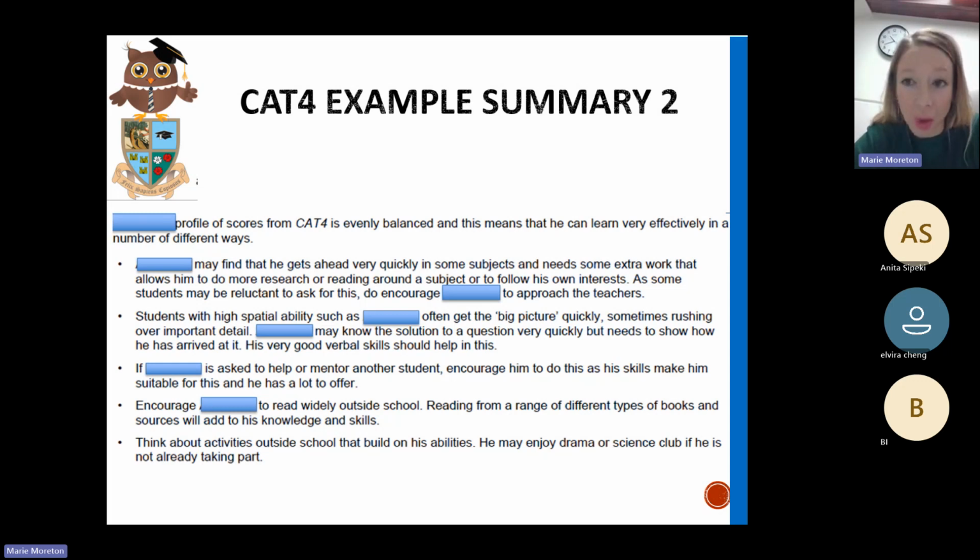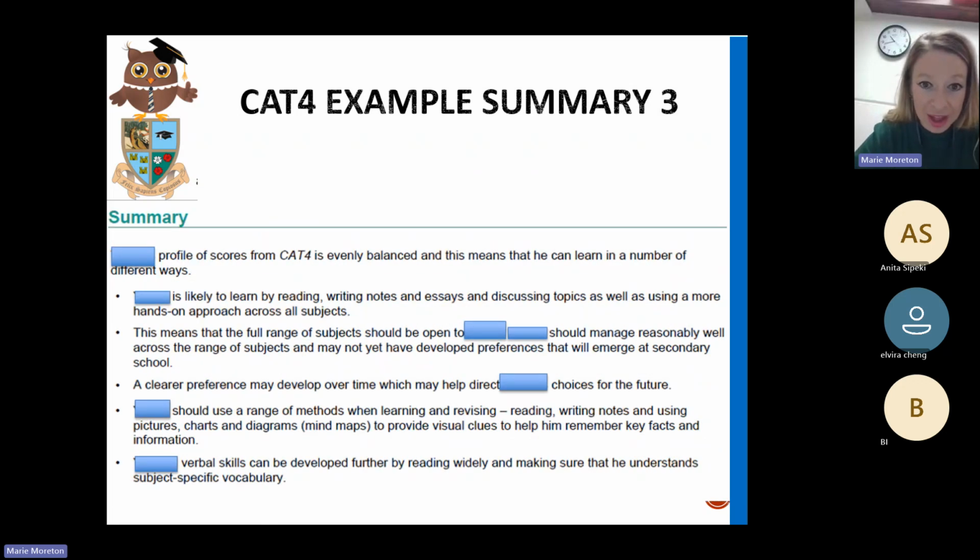I would always recommend that for everybody, because reading books in any language is how you learn about grammar and vocabulary and the world, and how to structure a story, and how to structure a sentence, and ideas and imagination and creativity. So I definitely always recommend that. And also maybe joining clubs outside of school as well, like drama or science club. It's suggesting here too. Here we go. And this one is another one that's evenly balanced.